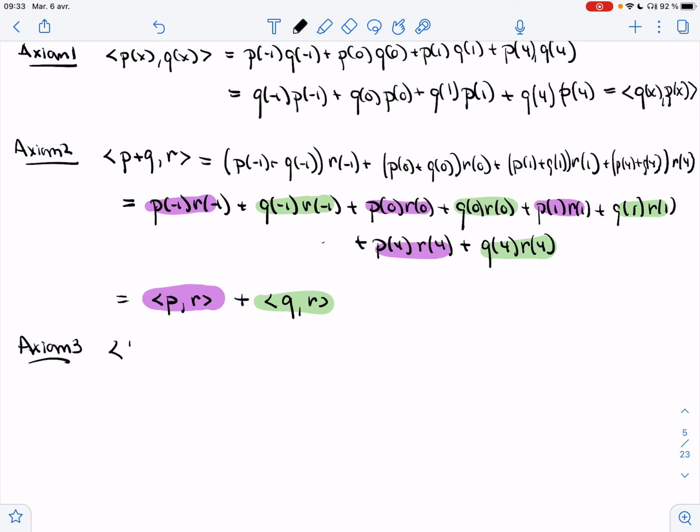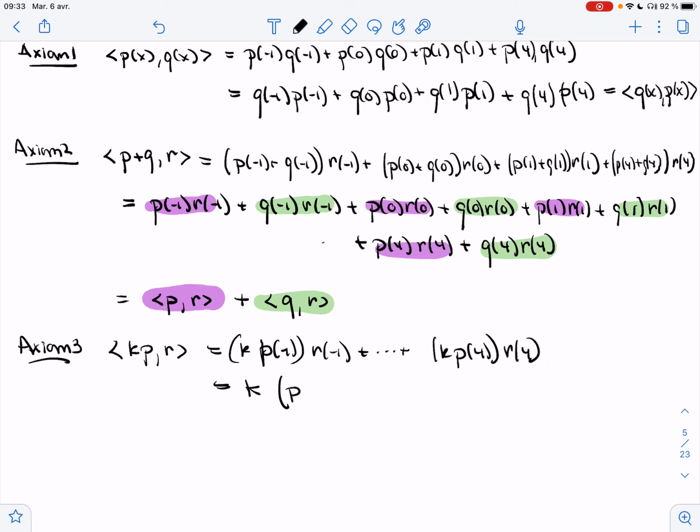And same thing here, KPR, that's going to be K P(-1) R(-1), and so on. Let me put 3 dots just to save a bit of time. I think you're getting the point. And so I can take the K out, and so I get K times PR.